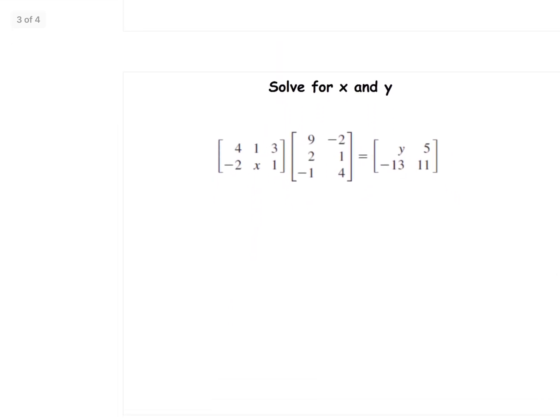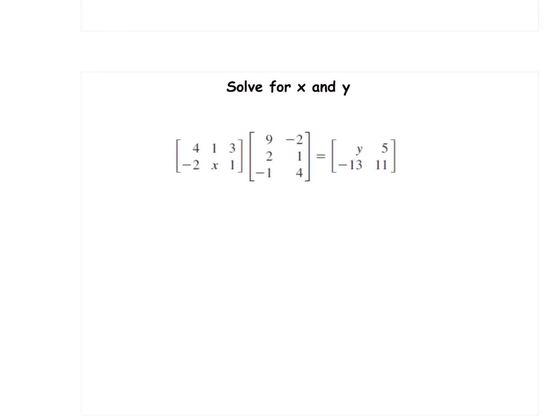Okay, and now if you were ever to run into this, we talked about equivalent equations when we were doing addition, subtraction, whatnot. But equivalent means that these two matrices multiply together to give me this last one, which is a 2 by 2. Here's a 2 by 3, a 3 by 2. Yep, I should end up with a 2 by 2. So let's say I want to find, say, y.